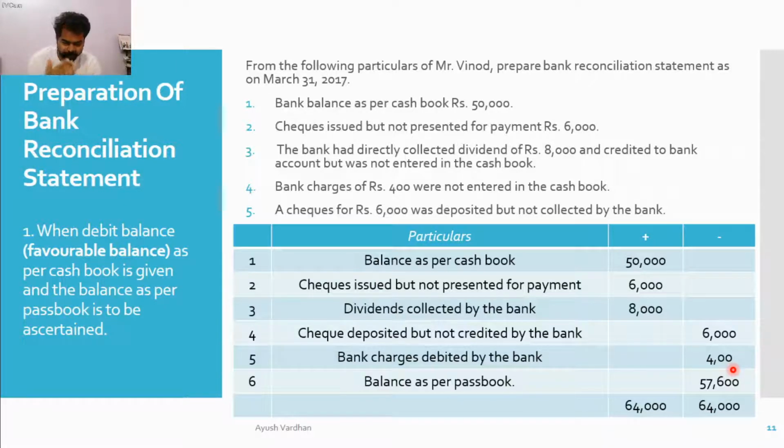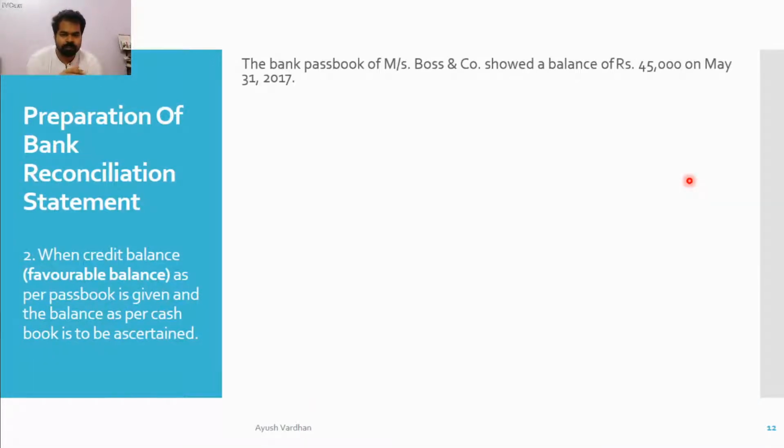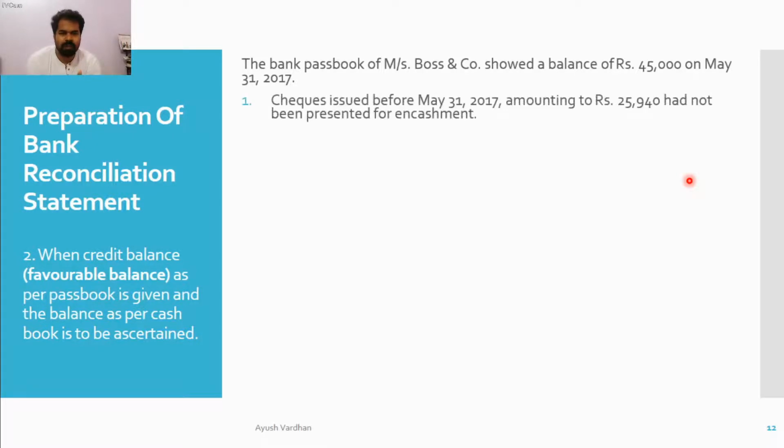Okay. Now we will move to the second example. The second example is related to something where we start in a favorable condition, but we will start with the passbook here. So the very first entry that we have to make here is like balance is showing 45,000 rupees on 31st May 2017.